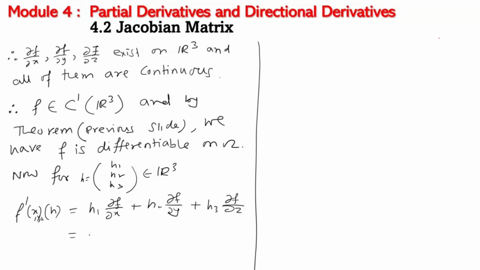This is equal to minus 1 over (1 plus 4x squared plus y squared plus z squared) to the power 3 over 2, times (4x h1 plus y h2 plus z h3). So this is the answer.